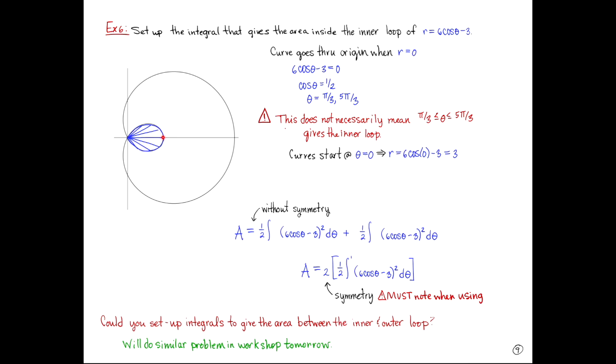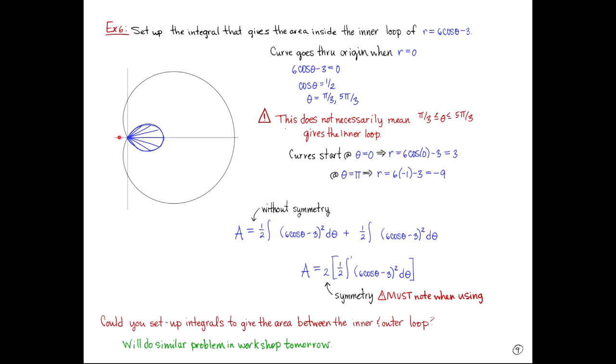But we do know that one of these points will also correspond to theta equal to pi. So let's plug in theta equal to pi to find our r value. r is equal to 6 times cosine pi, cosine of pi is -1, minus 3, which gives us -9.